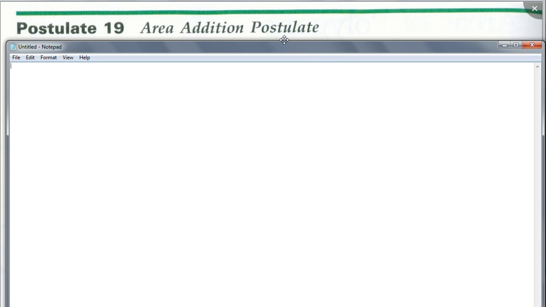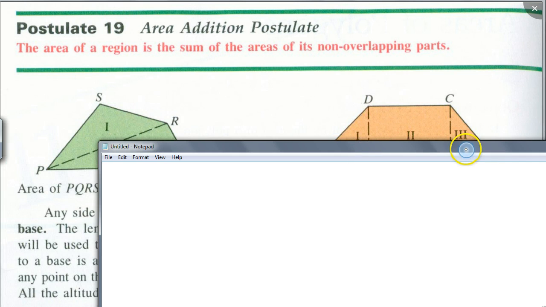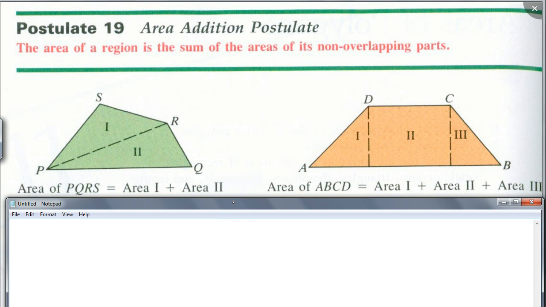Yeah, exactly. Basically, that's what he's saying. It says the area of one region is the sum of the areas of its non-overlapping parts. And as you can see, you need the non-overlapping parts, because if they were overlapping, it won't work. Here's a picture. Take a look at the one on the left.